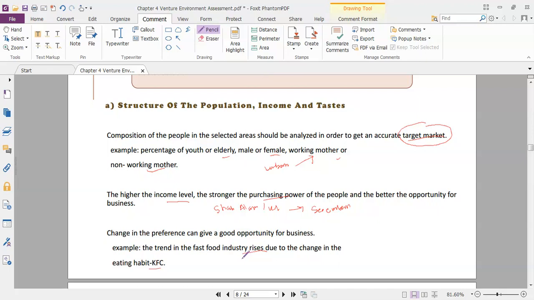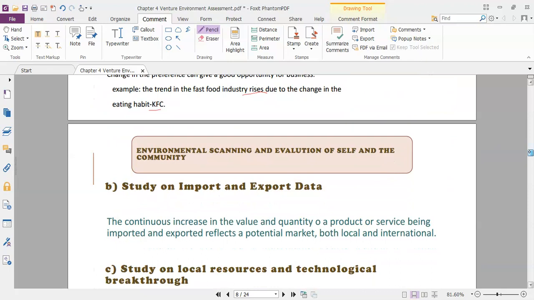Working mothers don't have enough time to prepare food on their own. So the fastest choice is to buy fast food, like KFC or Mochi.